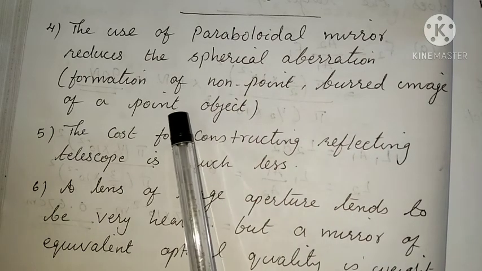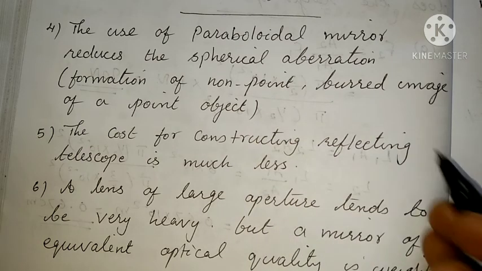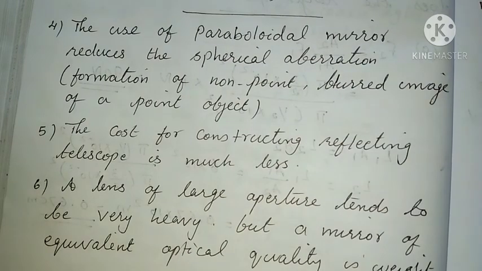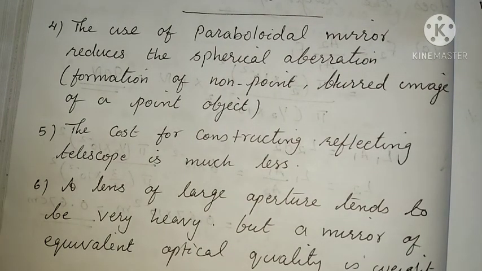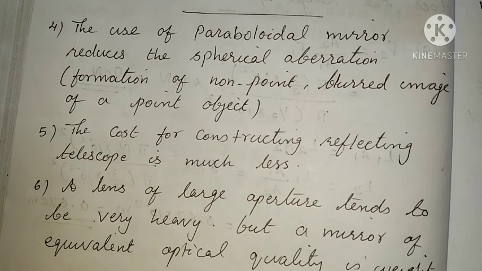What is spherical aberration? Formation of a non-point, blurred image of a point object. When you use the paraboloidal mirror, the non-point and blurred image is not formed.